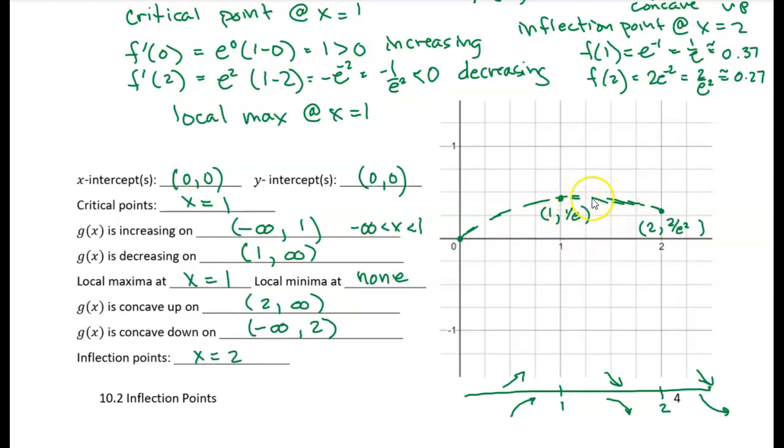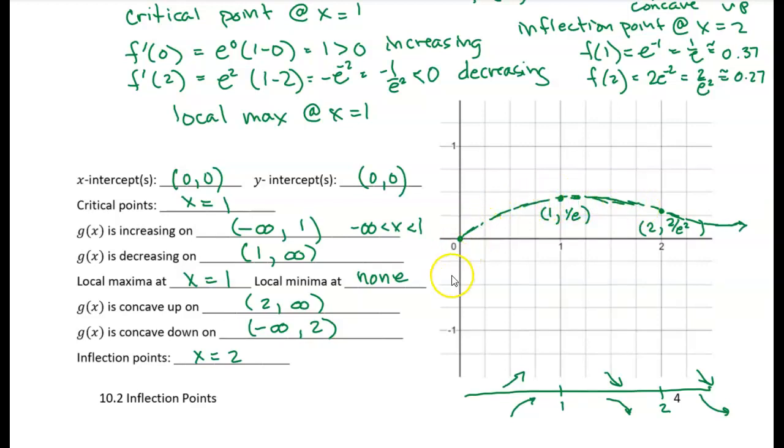So you can see here it's concave down and decreasing. And then to the right of 2, it becomes concave up. It's still decreasing though, so it's going to have some curvature that's more like this. So there's a sketch of what this graph looks like.